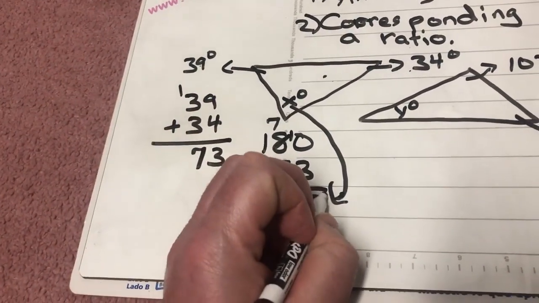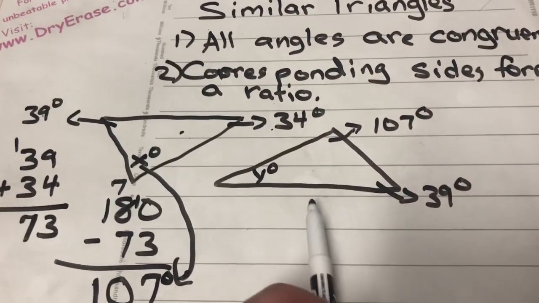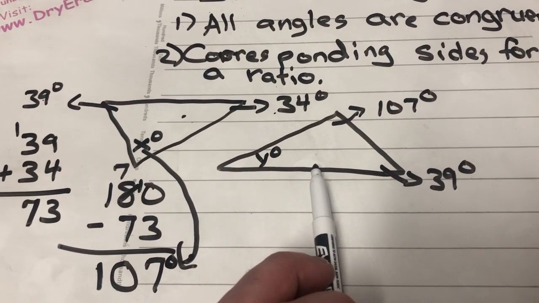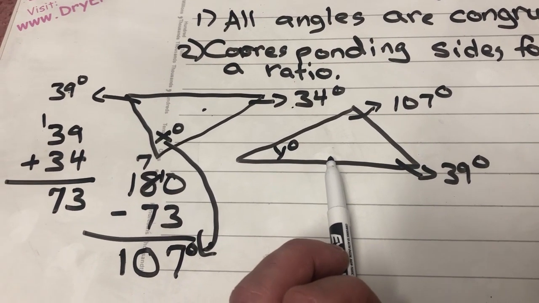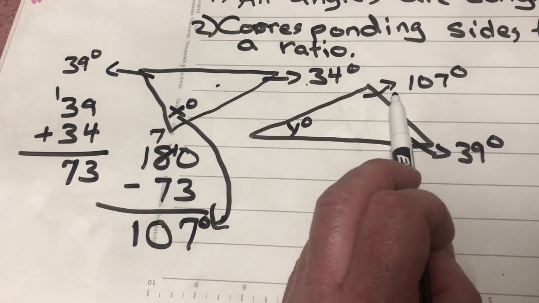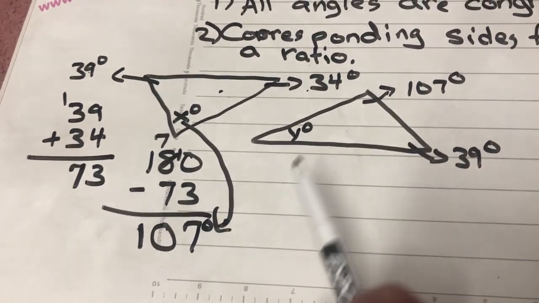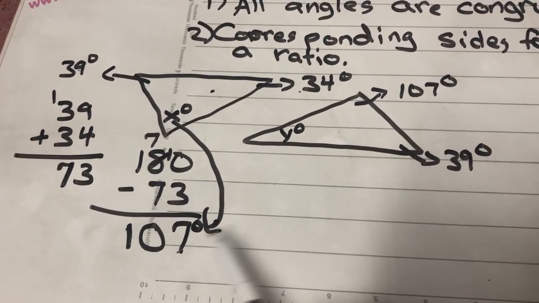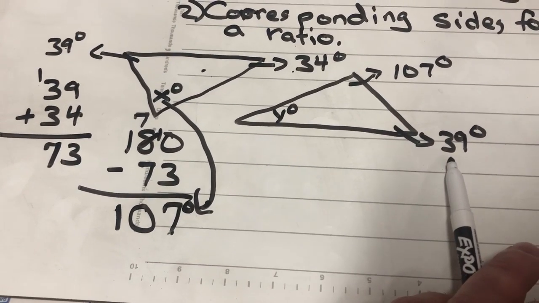Now, if all three of the angles in this other triangle were to be the same, then they would be similar. Well, I see that I have a 107-degree angle here. So they both have a 107-degree angle.